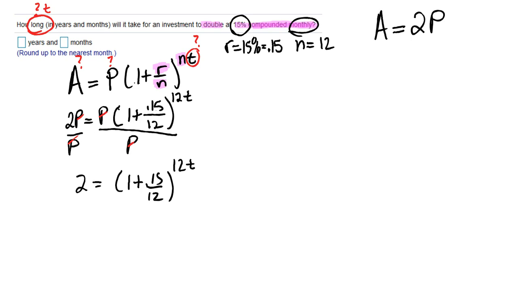Now this is all numbers inside the parentheses, so we can simplify that. 0.15 divided by 12 plus 1 is going to give me 2 equals 1.0125.